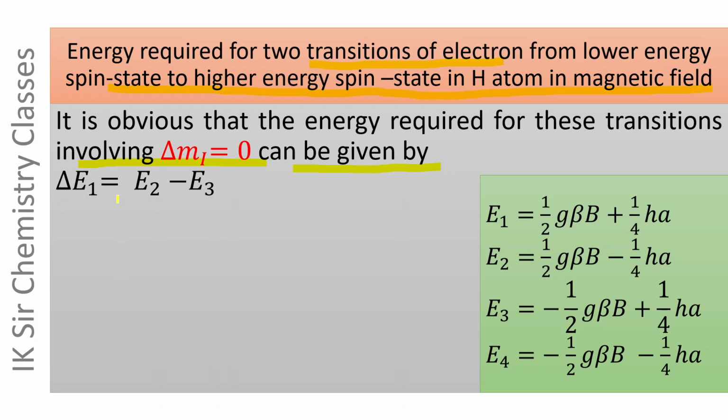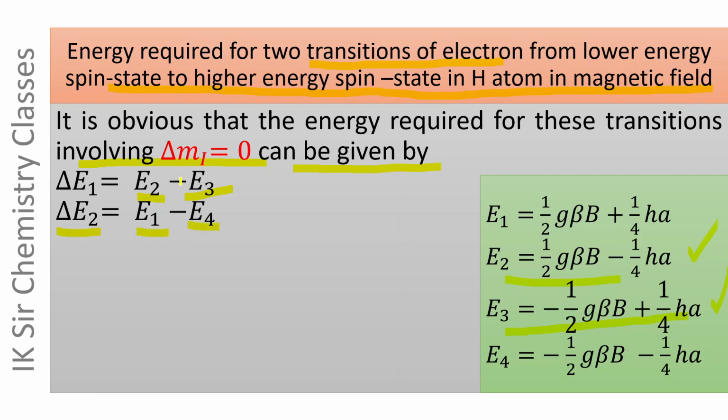We have already explained that delta E1 is equal to E2 minus E3. If E3 is subtracted from E2, then delta E2 is equal to E1 minus E4.